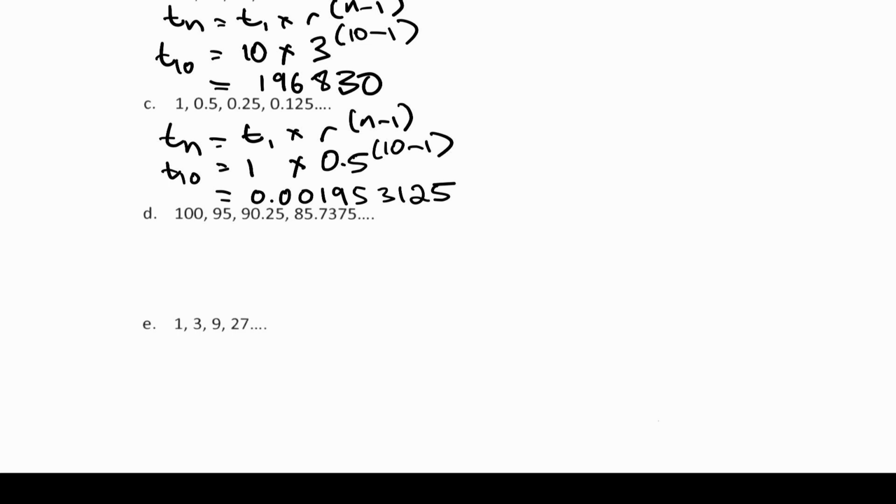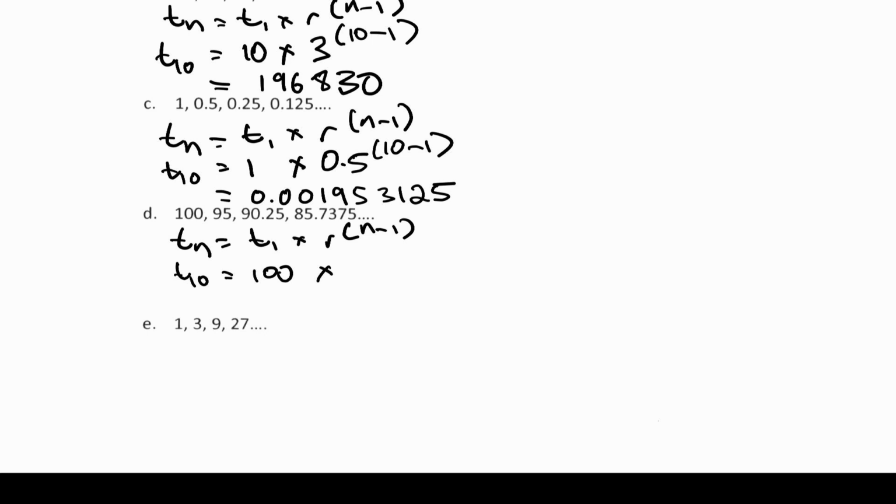All right, question D. Again, it is Tn equals T1 times R to the n minus 1. Tn is T10 because we're looking for the 10th term. The first term here is 100. The ratio here is a little bit hard to figure out.